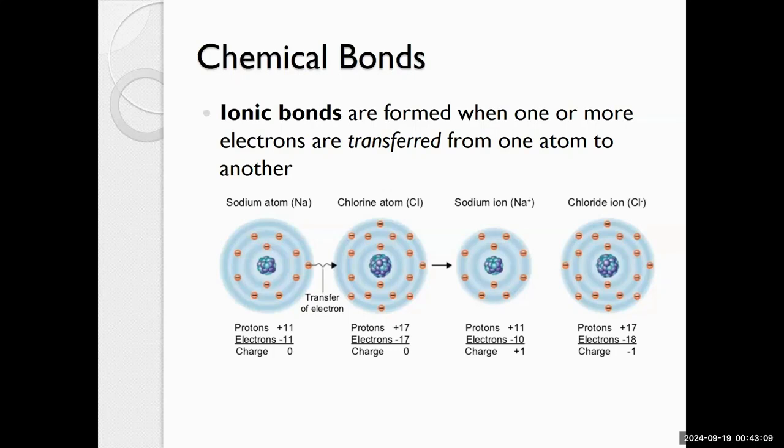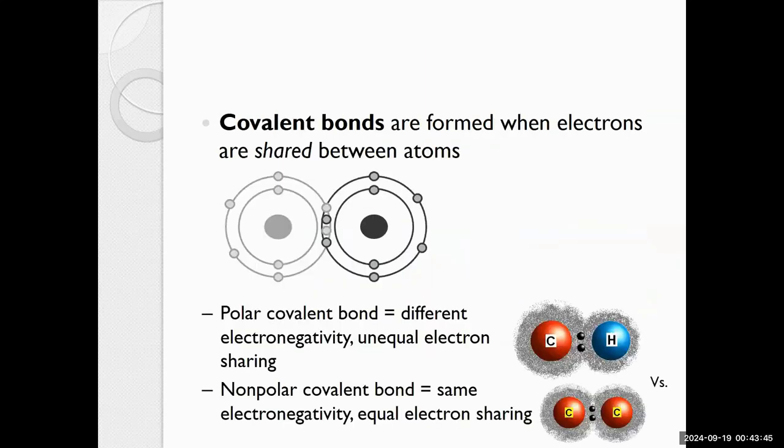So the sodium becomes less negative, slightly positive, and the chlorine atom becomes slightly more negative, having gained an extra electron. And it is during this time, this temporary transfer, passing of an electron, if you will, that these two atoms are bonded together.